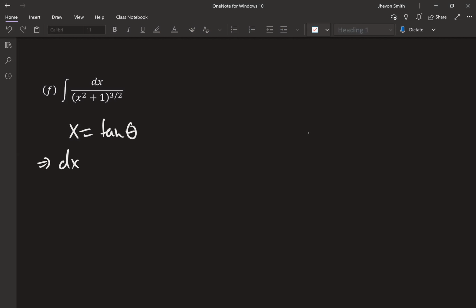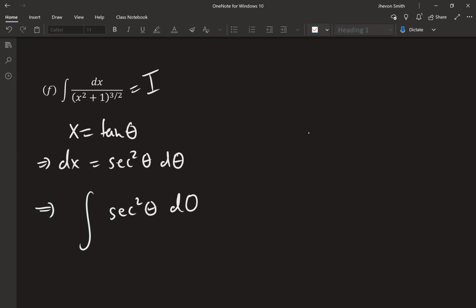Then your dx, let's just call this I for now, just in case you want to do it later. dx is equal to secant squared theta d theta. This means we can start to plug these guys in. Your dx is going to be secant squared theta, and in here, we're going to have tangent squared theta plus 1 because your x is tangent.